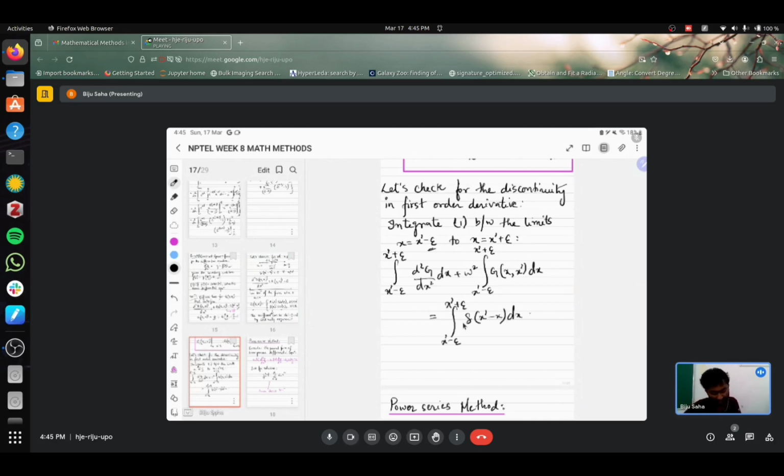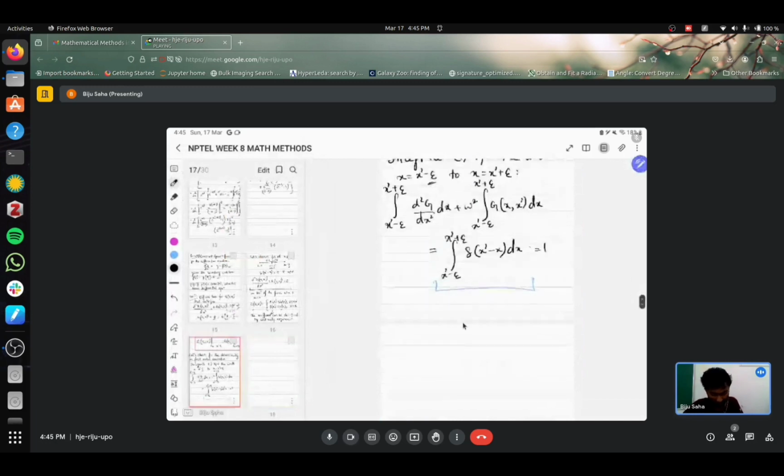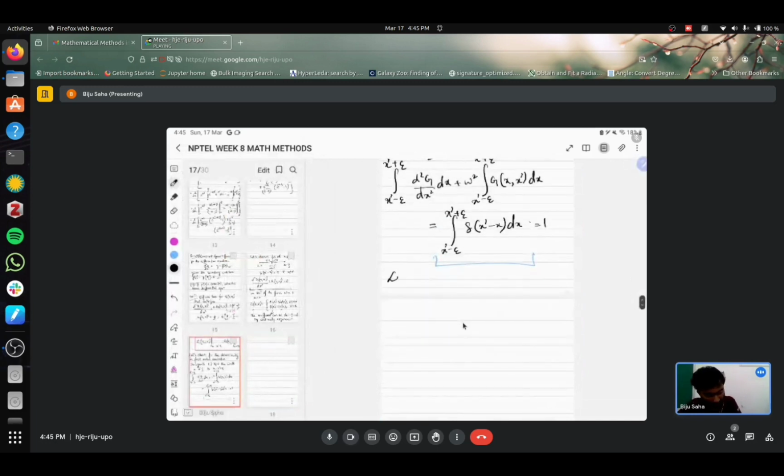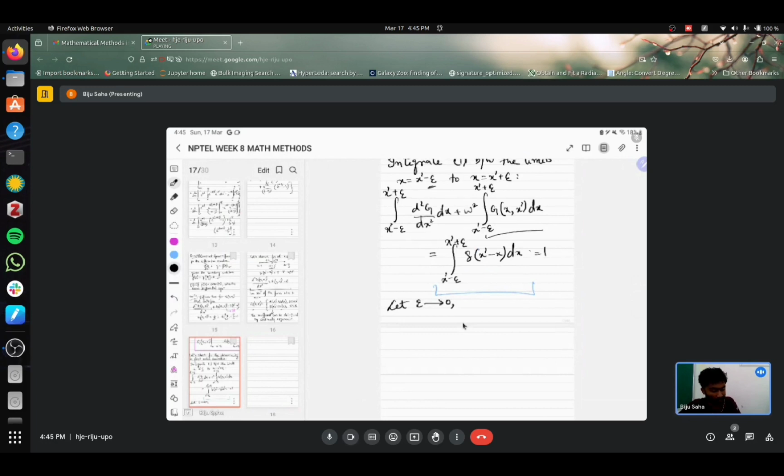From the property of the Dirac delta, this particular integration is equal to 1. And since we are choosing epsilon to be infinitesimally small, we let epsilon tend to 0. Basically this is the area under the curve between these two limits. When we let epsilon tend to 0, it does not remain an area anymore, because the breadth becomes 0.